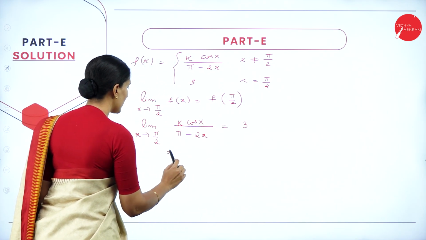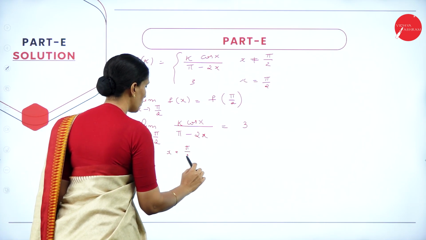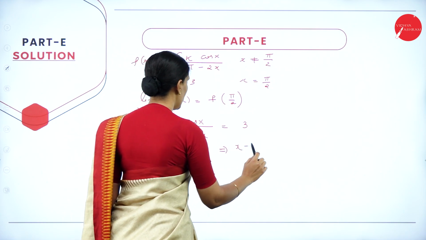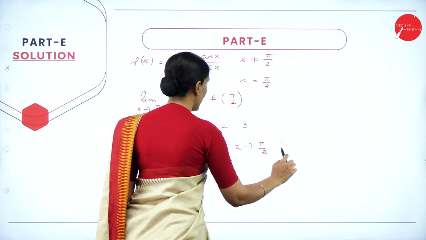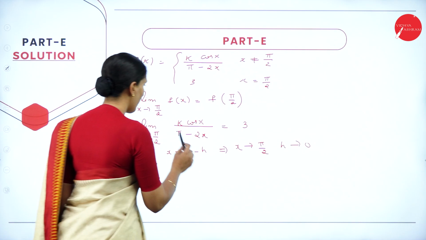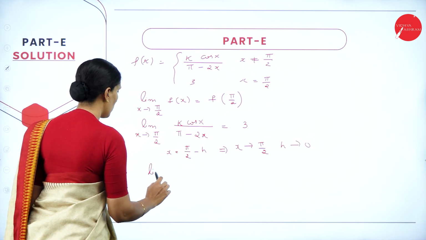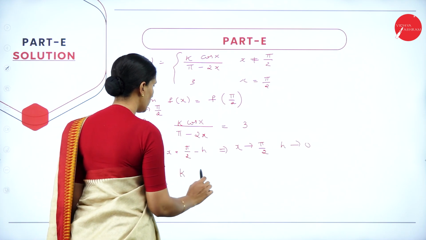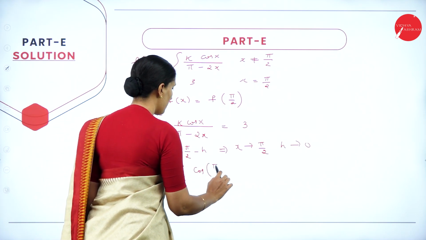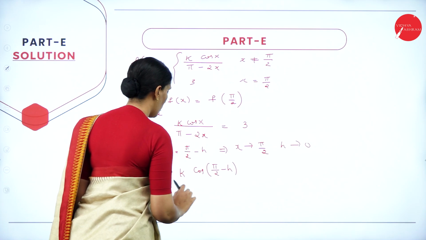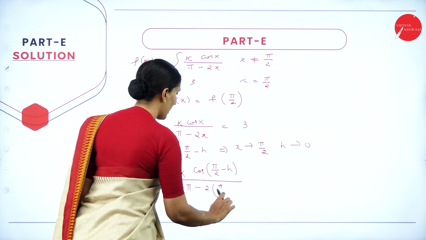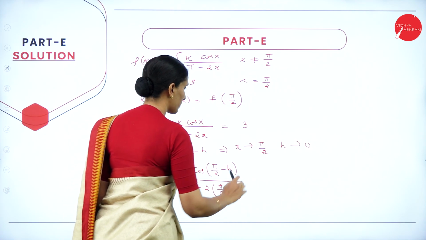So here I'll take x is equal to pi by 2 minus h. So this implies as x tends to pi by 2, h tends to 0. So now I'll change the limits here. So limit h tends to 0, k into cos of pi by 2 minus h whole divided by pi minus 2 into pi by 2 minus h.